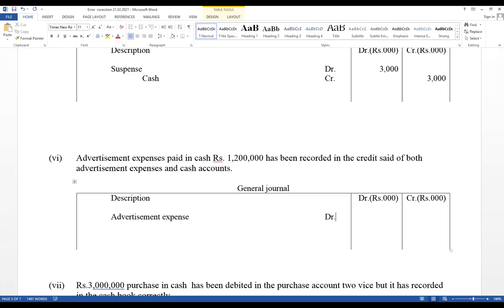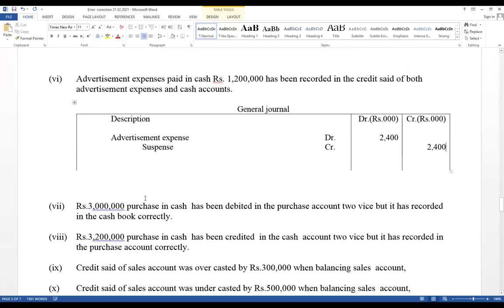Double effect. Value equal 2400. The credit side entry must be removed and it must be on the debit side. Therefore, advertisement expense account debit 2400, suspense account credit 2400.